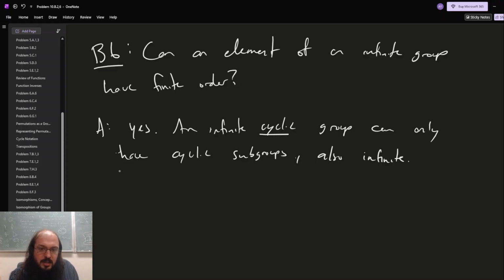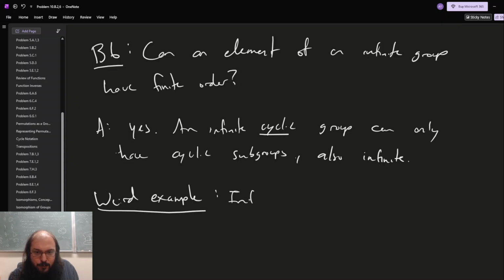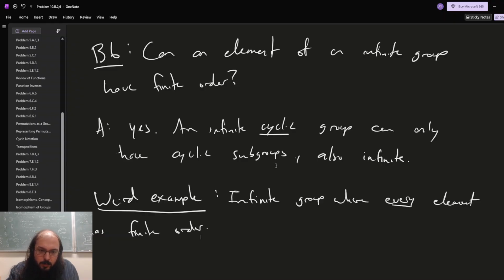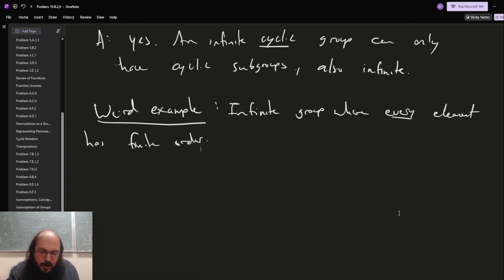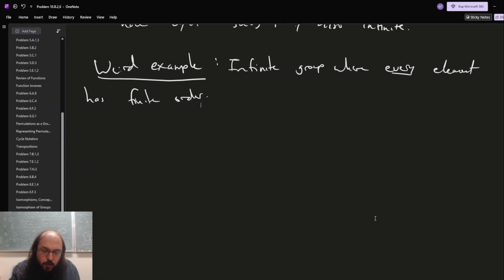So I'm going to show you guys an even weirder example, just because it seems like it's a good thing for you to know about. It's an infinite group where every element has finite order. So not only some elements have finite order, every element has finite order. So here's the group.